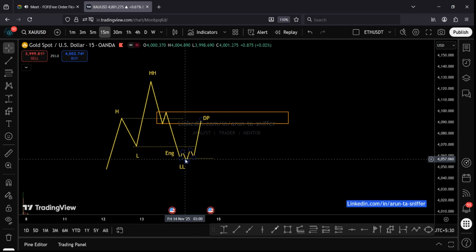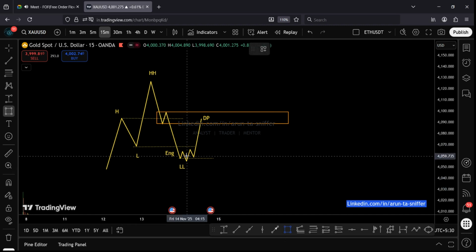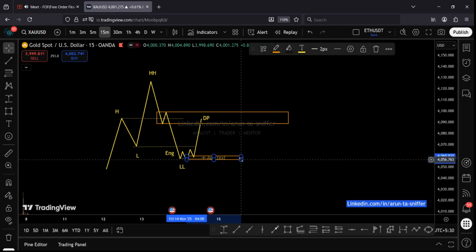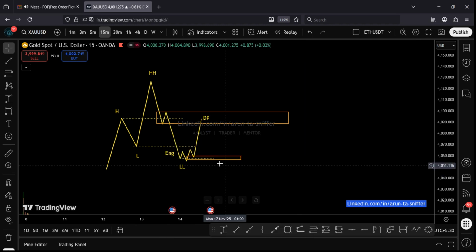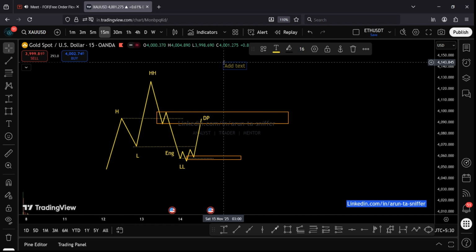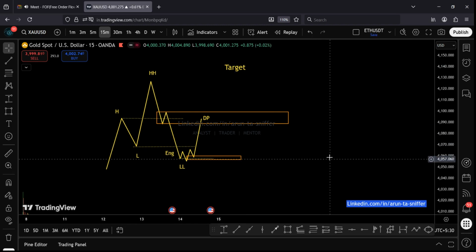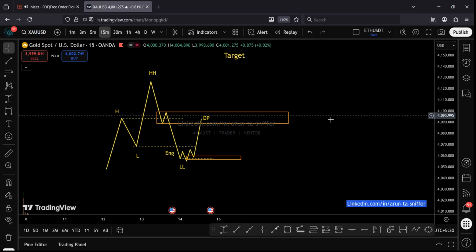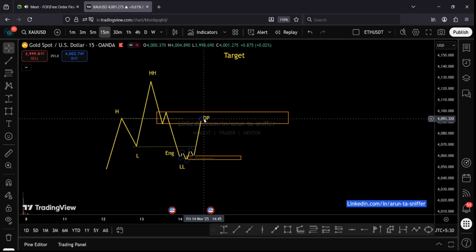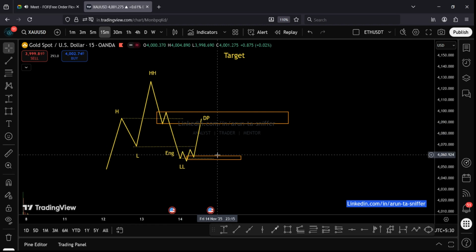Not necessarily there will be a QM only, there can be any other PA. Okay. So we will enter here and our target will be here. Let's mark it as target. Okay, this is our target.